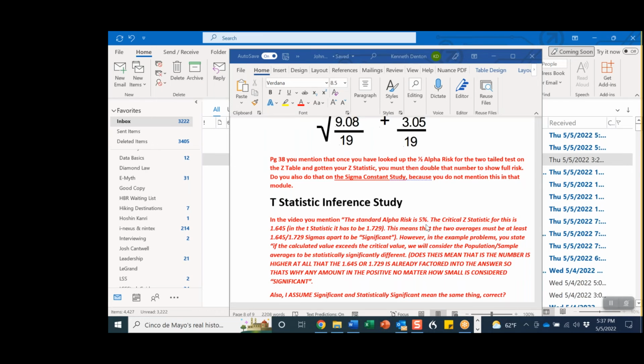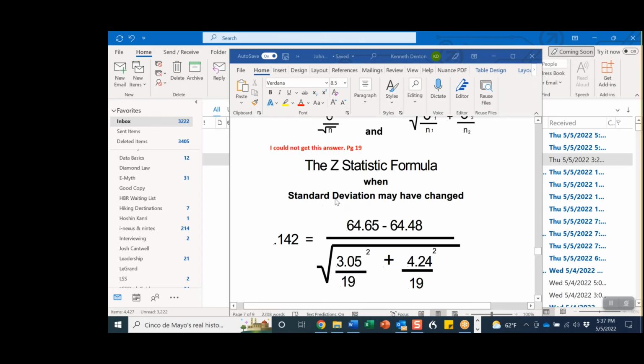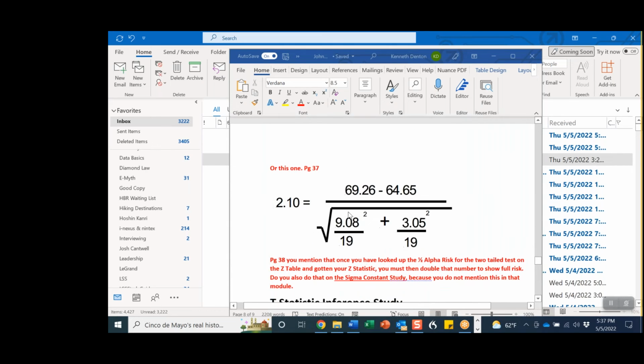Now, you mentioned that when the standard deviation changes, you do the same thing where it stays the same as well, though, right?